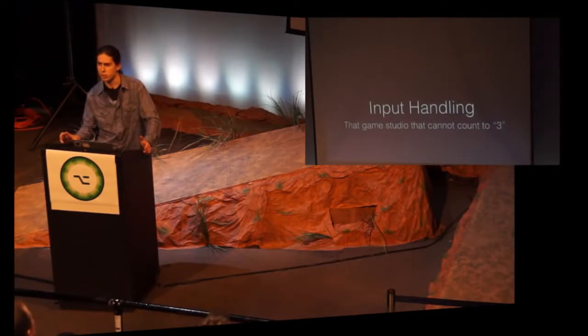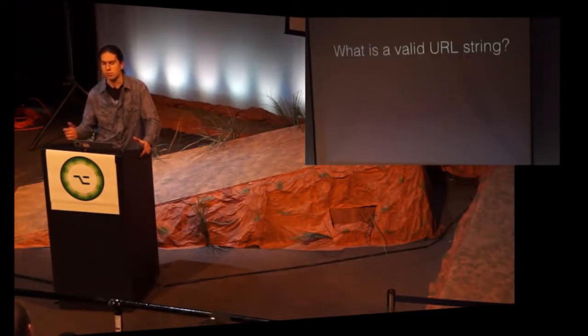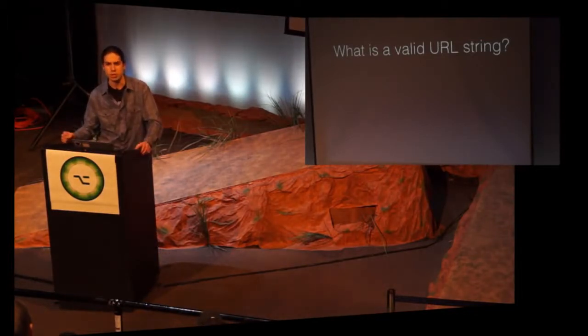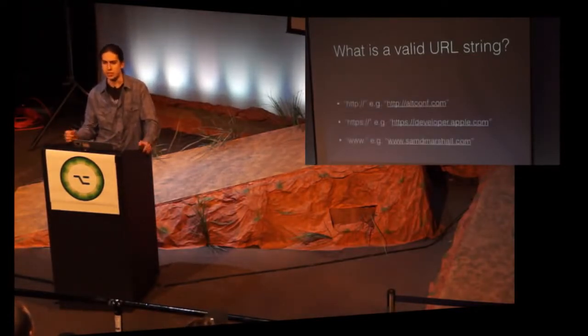First comes from a company you may know as a game studio that can't count up to the number 3, involving input handling, specifically with URL strings. Now, what is a valid URL string? When asked this question, I came up with 3 general ideas. Mainly that it's going to start with HTTP, HTTPS, or a www.